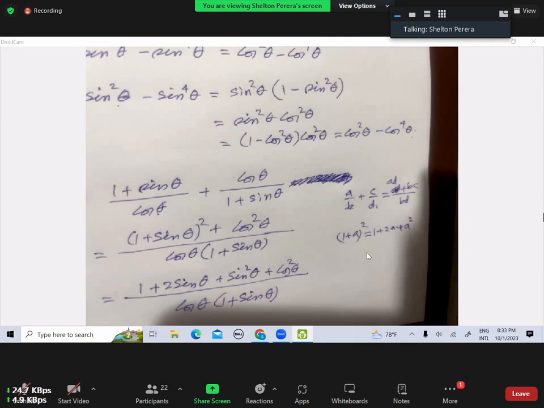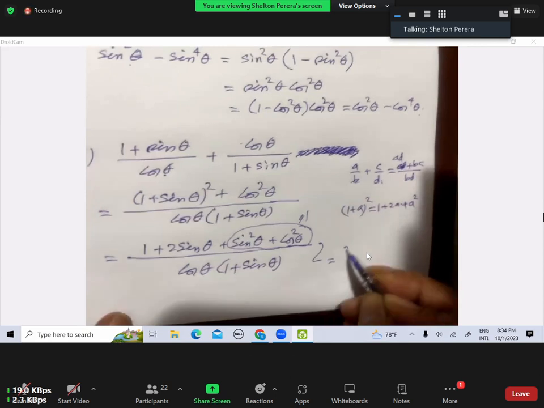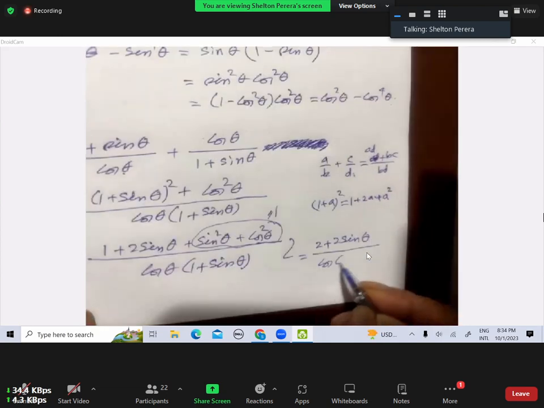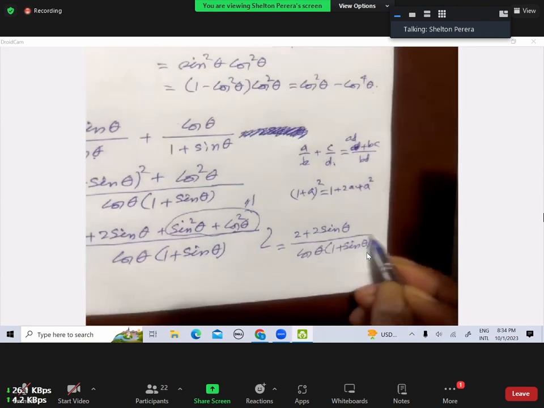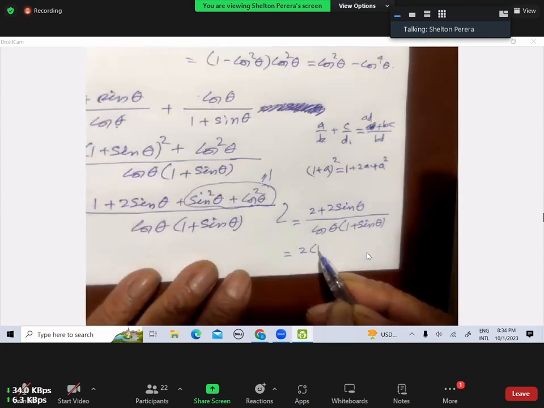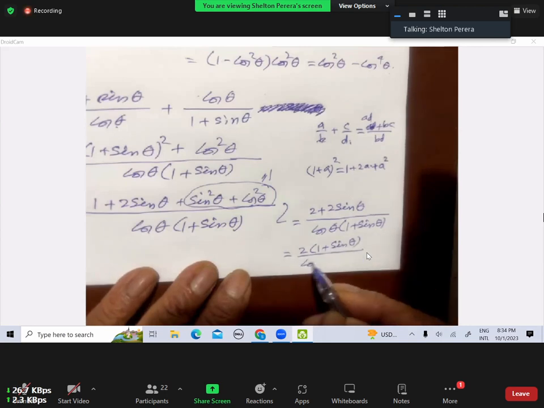Now, sine squared theta plus cos squared theta, again that magic formula, is equal to 1. 1 plus that is 2. 2 plus 2 sine theta divided by cos theta 1 plus sine theta. Magic happens now. Factor 2 out: 2 times 1 plus sine theta divided by cos theta 1 plus sine theta.